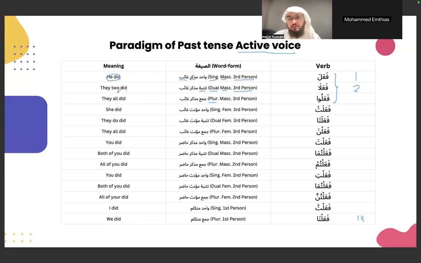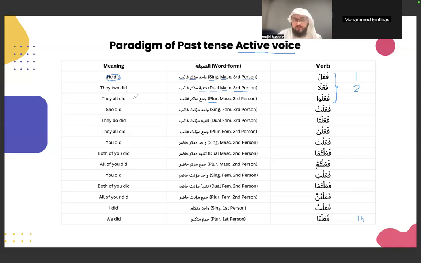They did. In English, we have he or they. We don't have anything in between. But in Arabic, we do have something called fa'ala, that means only two people were doing or they did this kind of action. So to specify more, I just add the word two. Then we have fa'alu, they all did, meaning all of the people that were present over there did.